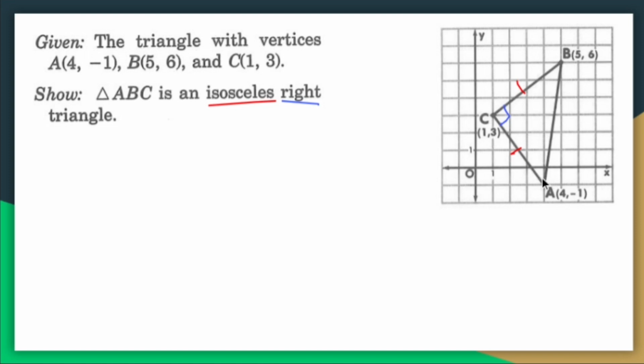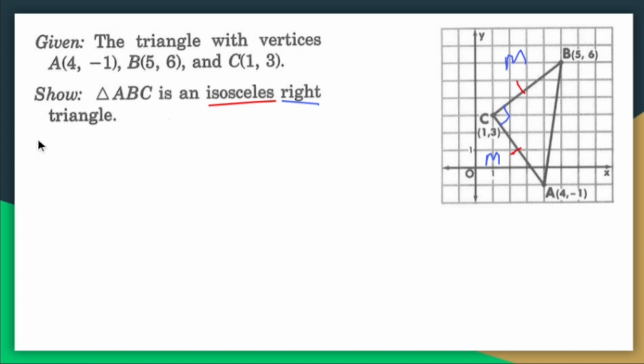Since these are coordinates, I'm going to use the distance formula. The second thing I need to show is that this is a 90-degree angle. So what I'm going to do is find the slope for BC and the slope for AC and prove that they're perpendicular. And I'm going to do that again using 2 main steps.